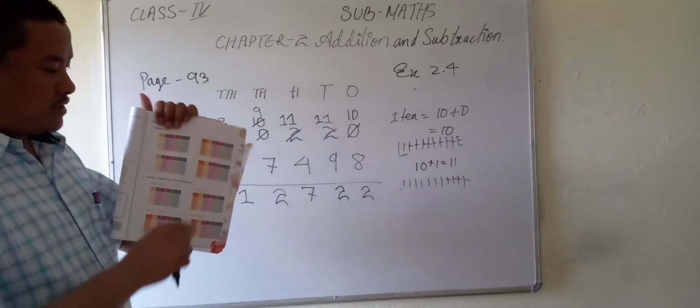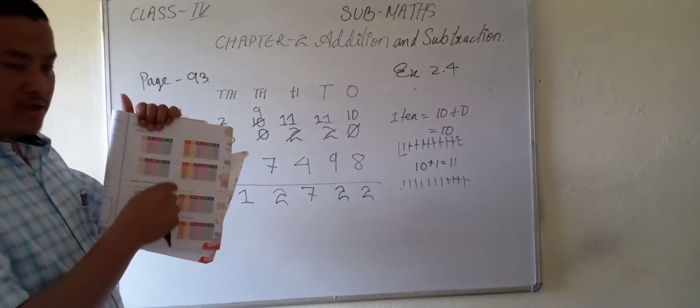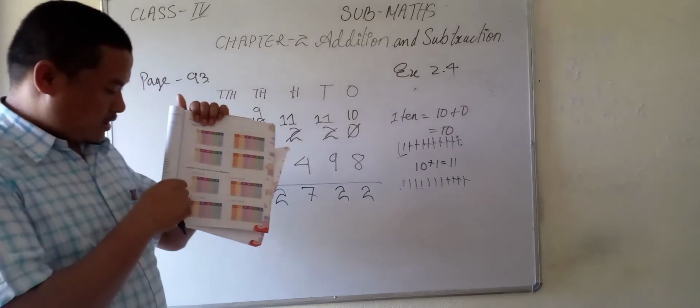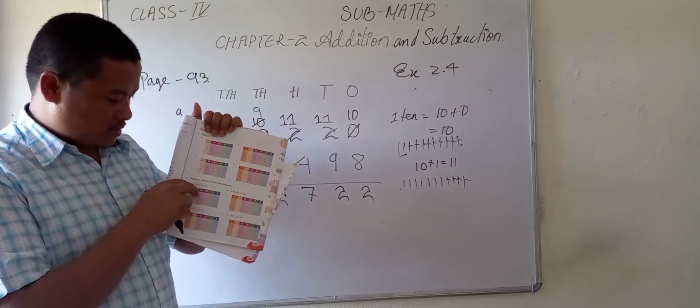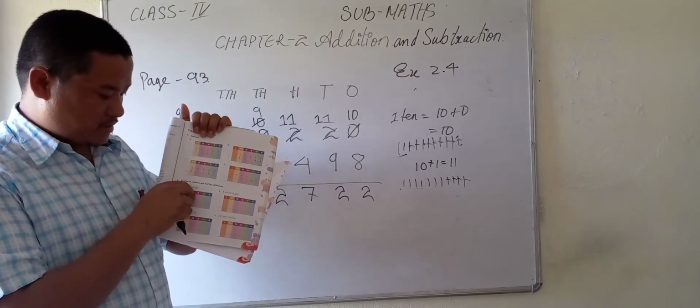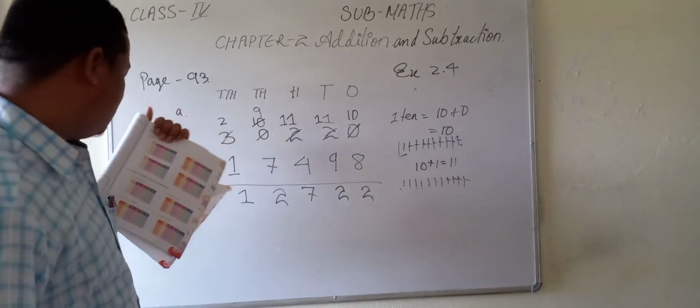Remaining these 3 questions, B, C, D, you practice at home. Okay. Now come to the second question. Question number 2. Arrange in columns and find the difference.